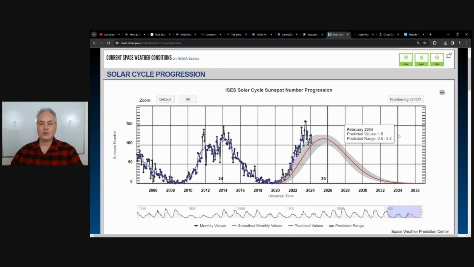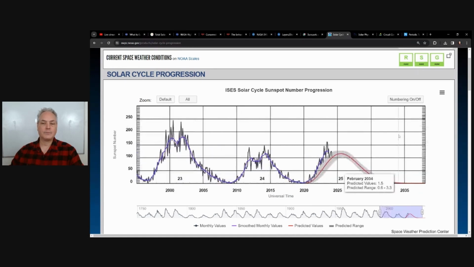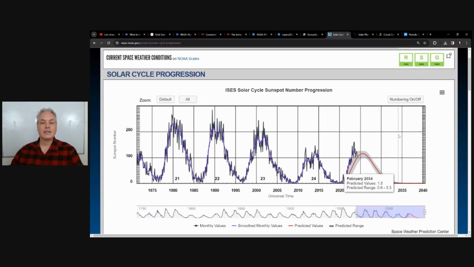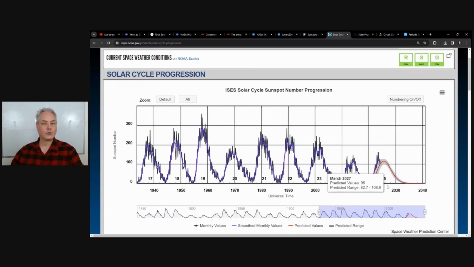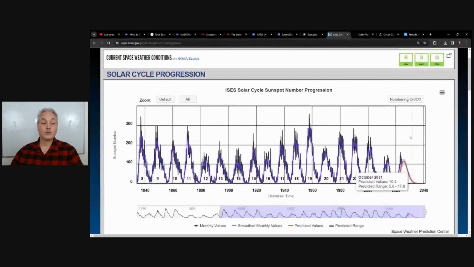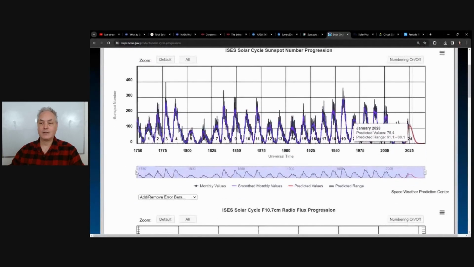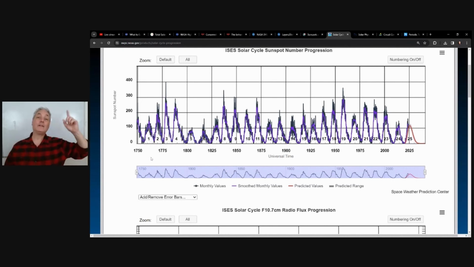I'm going to change the x-axis to add more years. And we have our cycle 25. In 1940, we were in cycle 17. And if I change it all the way to 1750, what we notice is that the number of sunspots reoccurs in a cyclic way.